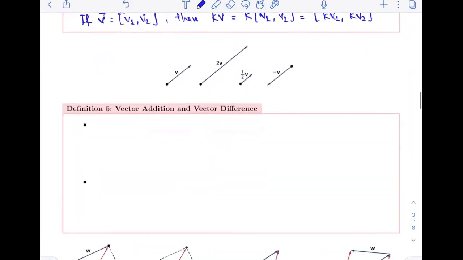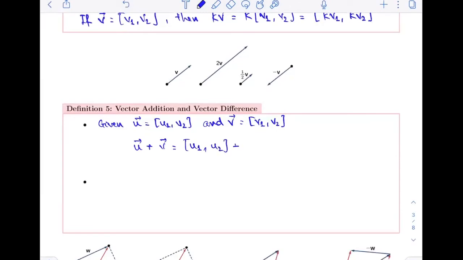Right. Given two vectors u and v, you can combine them together algebraically. So given u equal to u1, comma u2, and v equal to v1, comma v2, then u plus v is equal to u1, comma u2 plus v1, comma v2, and you can do the calculations component-wise.